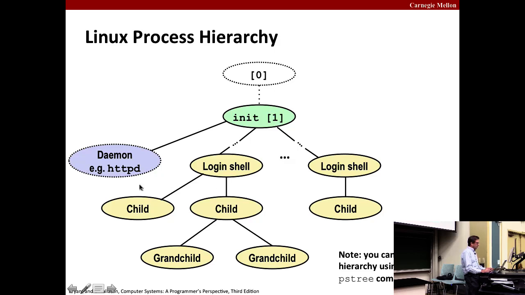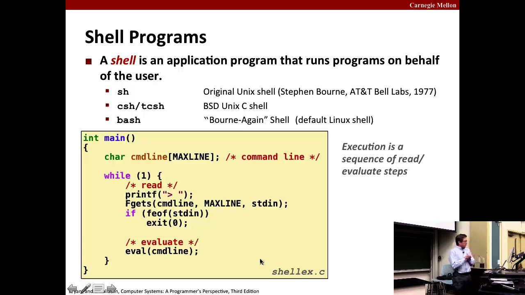And so what the shell will do is it will create a child, and then it will execute ls within that child process. And it's possible that that process may create other child processes. So a shell is an application program, no different from any other program, that executes programs on behalf of users.